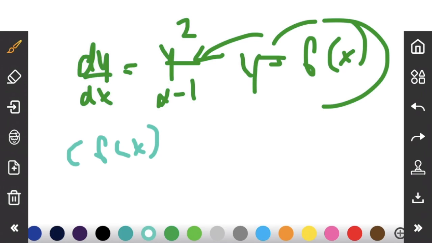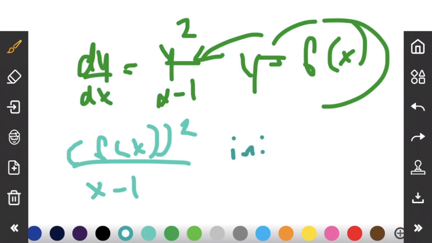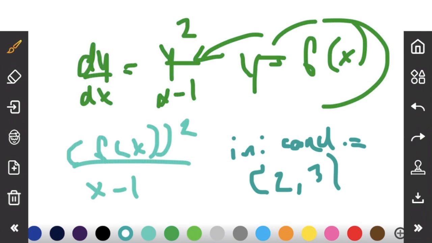So that means f of x squared over x minus 1, and then you substitute with your initial condition, 2, 3.